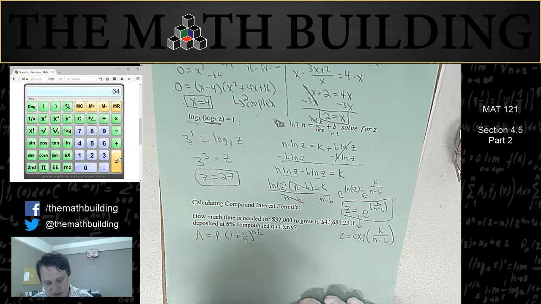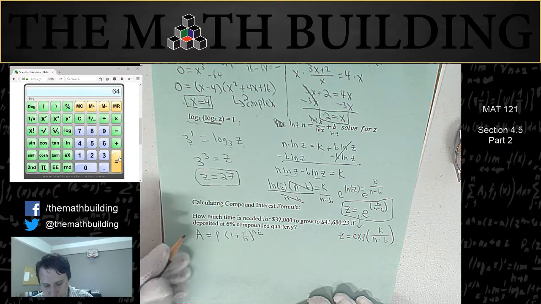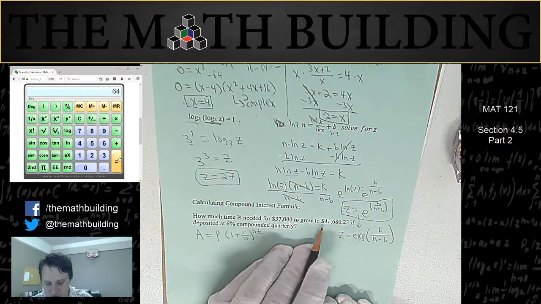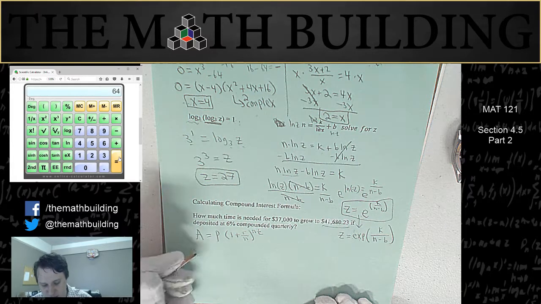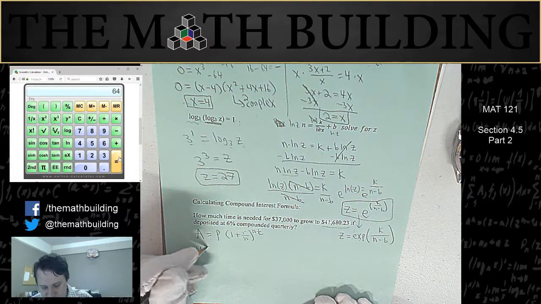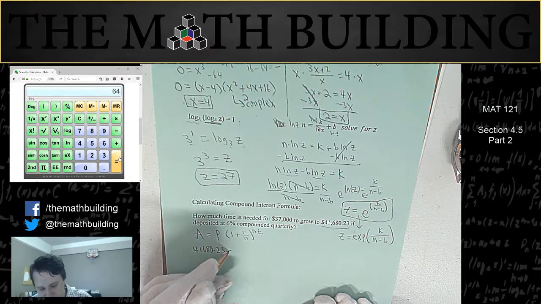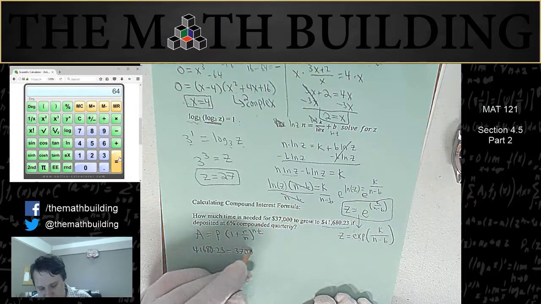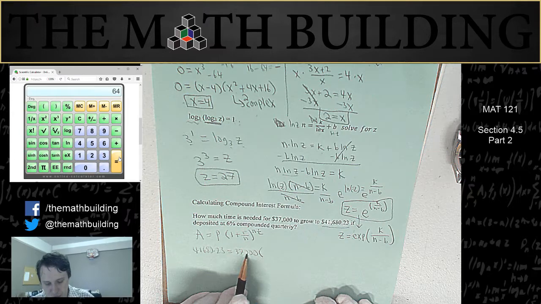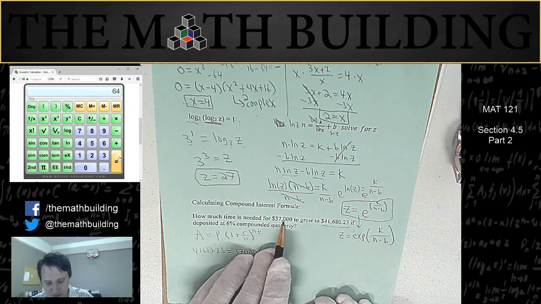And let's solve this. So plug in what we know. This is our final amount. This is what we grew into. So I write 41,680.23, substituting that for A, equals 37,000, which is our principal. That's our starting amount.